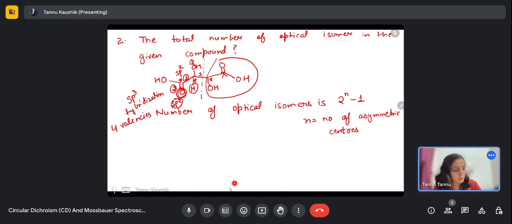So these are two stereo centers present in this molecule. So the number of optical isomers will be 2 raised to 2 minus 1, that is 4 minus 1 equal to 3. So here we have 3 optical isomers.